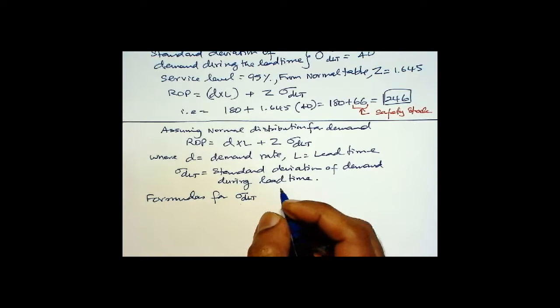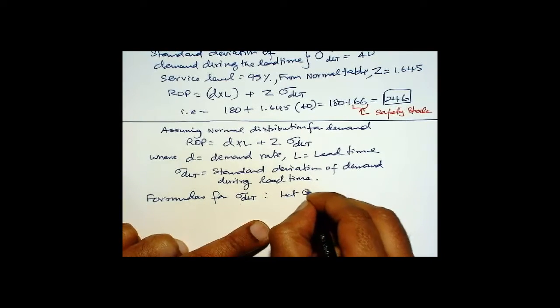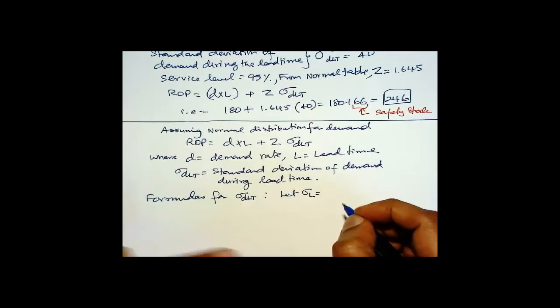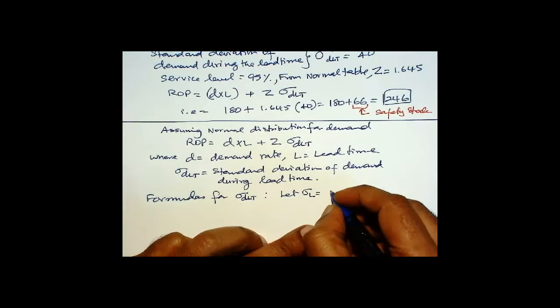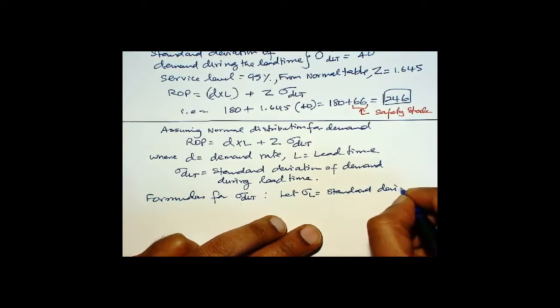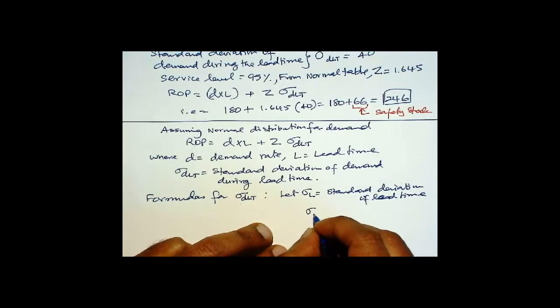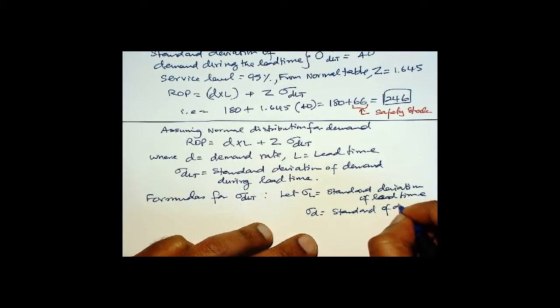Okay, so here let sigma sub L equal the standard deviation of lead time, and sigma sub D is the standard deviation of demand per period, per day or per week.